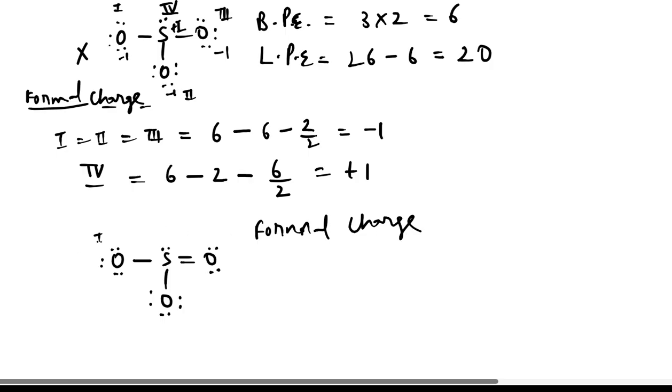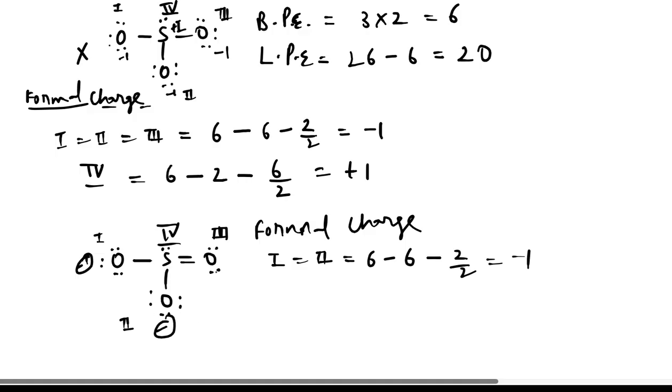So this is first, second, third and fourth. First and second are the same, and we have already calculated it previously as well. So let's just rewrite it. 6 minus 2 by 2, that is minus 1. So these two have minus 1 charge. This also has minus 1 charge. What about the third one?